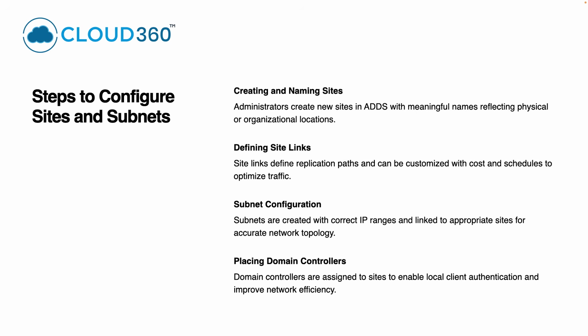The appropriate protocol, be it RPC over IP or SMTP selection, is also crucial. There are other elements like defining the cost for a site link or the replication frequency and the schedule are also important parameters. We will see all these parameters shortly in the demonstration.